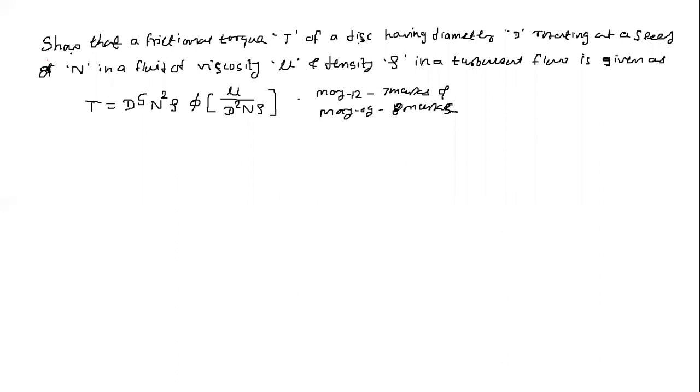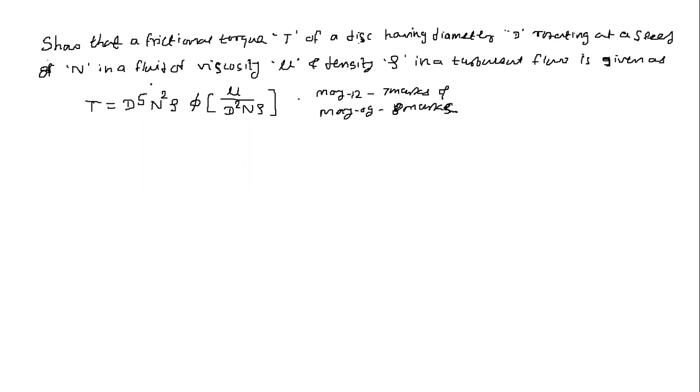It says: show that a frictional torque T of a disc having diameter D, which is rotating at a speed of N, the angular speed, in a fluid of viscosity mu and density rho, in a turbulent flow, is given as T = D^5 N^2 rho times a function of mu/(D^2 N rho). It is asked to show this relationship by using the Buckingham Pi theorem.